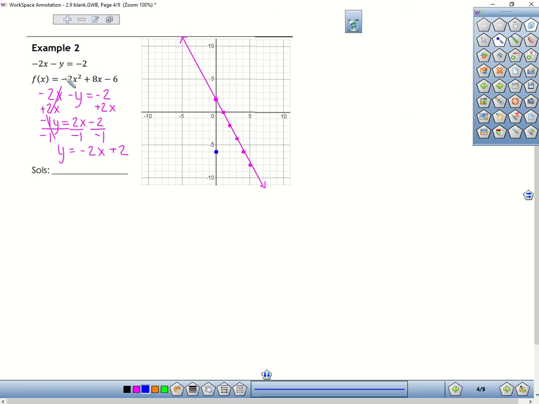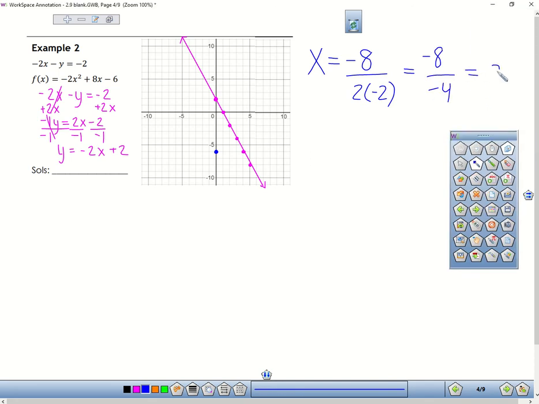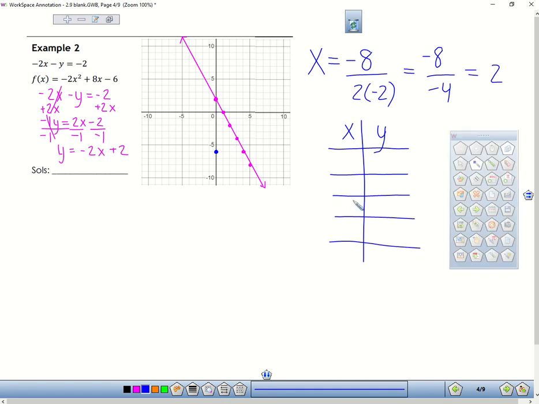So before I use a table, I have to find the axis of symmetry, which is negative b over 2a, which comes out to be negative 8 over negative 4, which is positive 2. So I can make my table. And this is going to be 2, something.